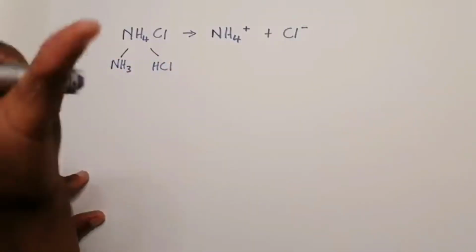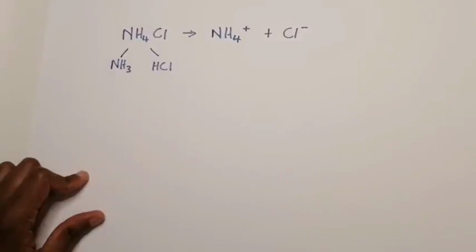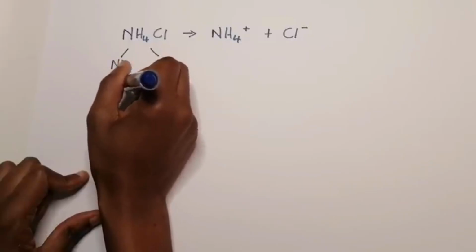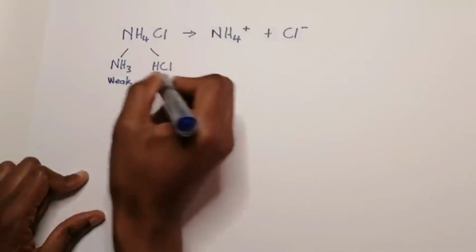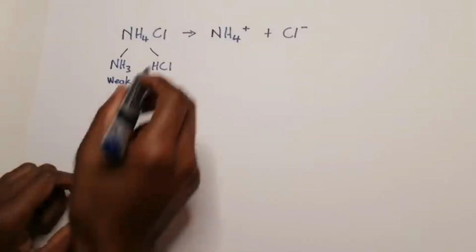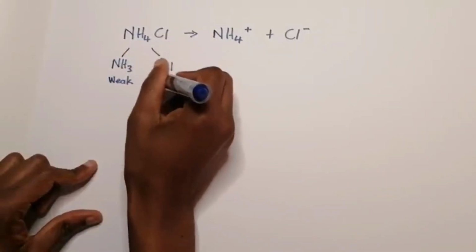We know it's not sodium hydroxide, it's not potassium hydroxide or any of the hydroxide bases. So in this case, this guy is weak. So that's a weak base. And what do we know about hydrochloric acid? Remember we said we've got three strong acids: hydrochloric acid, as well as sulfuric acid, H2SO4, and nitric acid, HNO3. So definitely that guy is a strong acid.